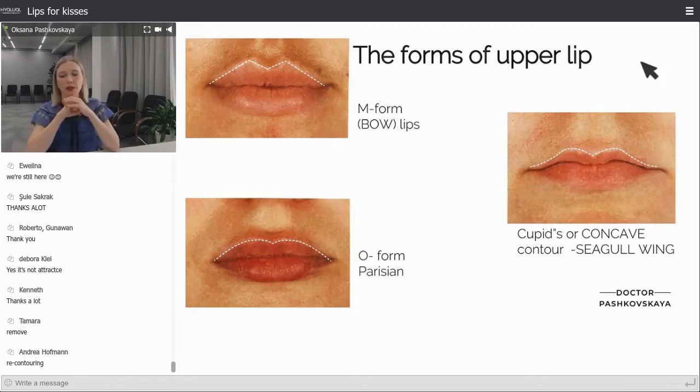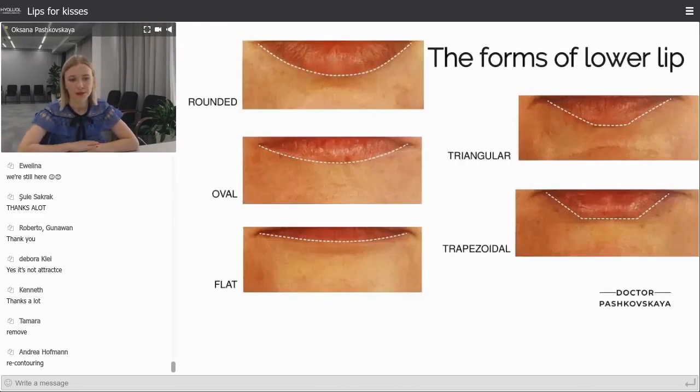It could be not so easy, and maybe it's better to use both botulinum toxin and filler in such a case, and even cannula I use. But later I will show you my approach, and you could compare it with your techniques.